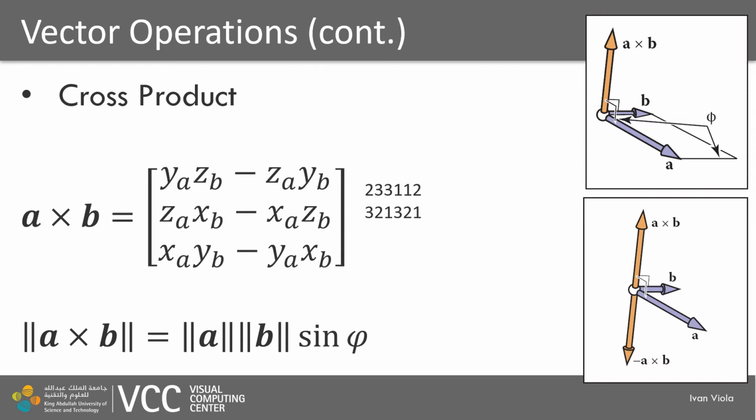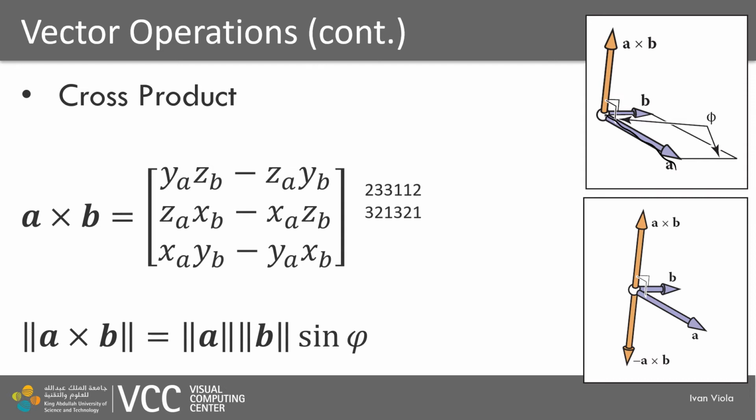And here we can see it graphically. We have again vector A, we have vector B, and the cross product of the vector A and B is another vector.